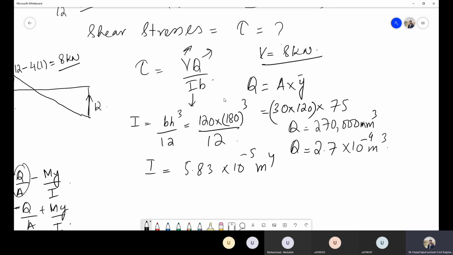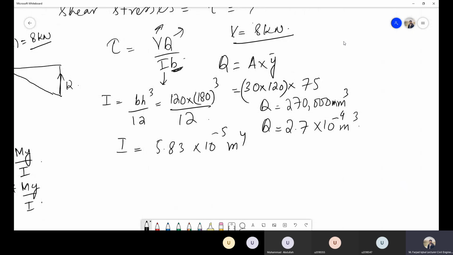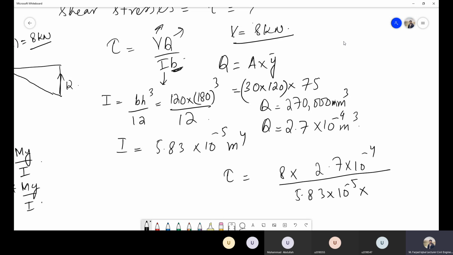So now I have I as well, and the final thing is this B. What is B at this section? B remains same for the whole body, but at this point the width is 120, so I will use that value directly. So the shear stress will be 8 into Q, which is 2.7 into 10 raised to power minus 4, over I, which is 5.83 into 10 minus 5, and width is 120 or 0.120.